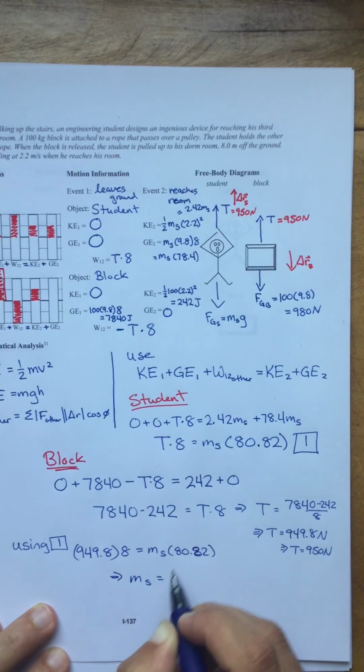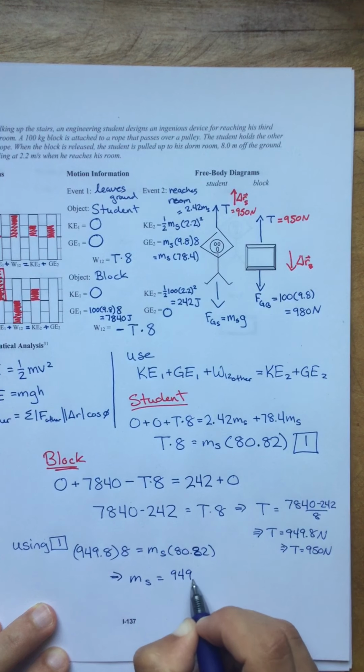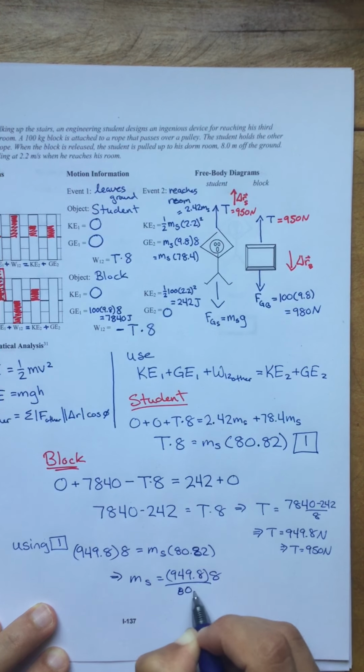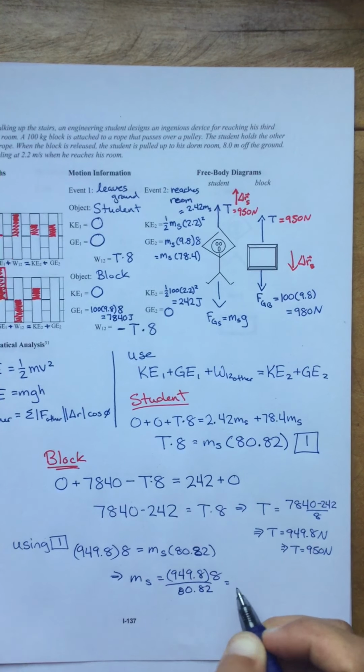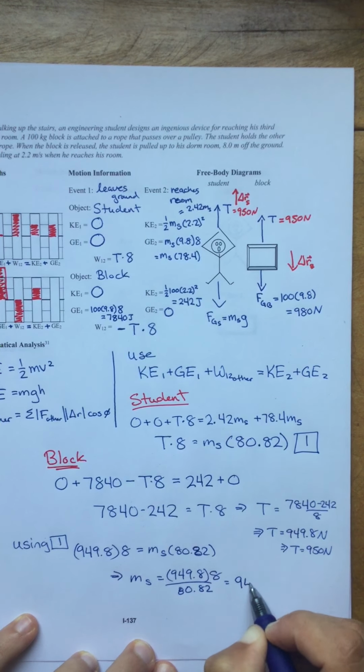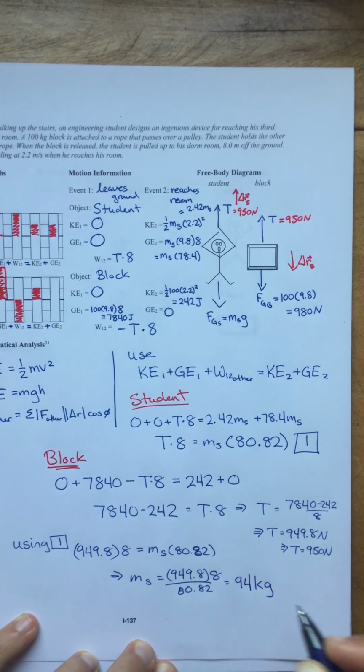Therefore, the mass of the student is 949.8 times 8 divided by 80.82. And that gives me 94.016. Let's just round that to 94, and that mass is in kilograms.